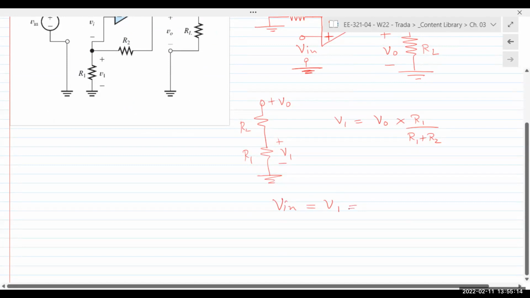And if V in is equal to V1, we plug in the above equation. R1 over R1 plus R2. We rearrange the terms and we get VO as equal to V in times R1 plus R2 divided by R1.